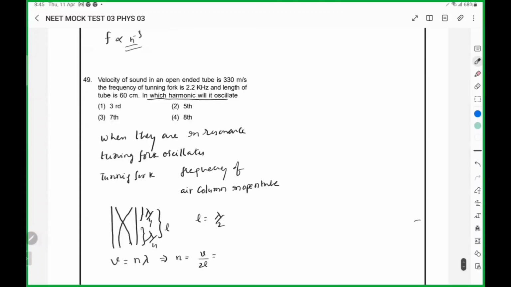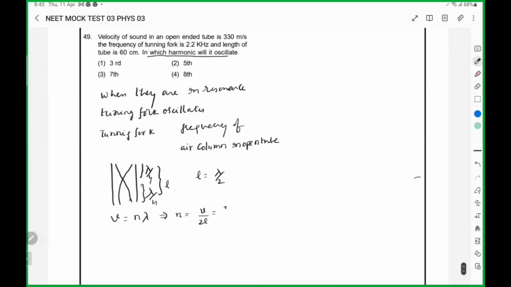The velocity of the wave is 330, length is 60 centimeter by 100, it is 3 by 5. 330 into 5 by 6, so 55 into 5. So this is this many hertz in fundamental mode.